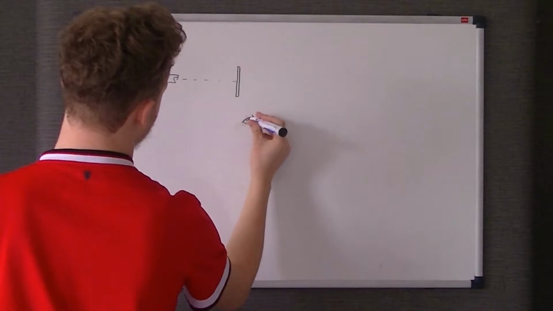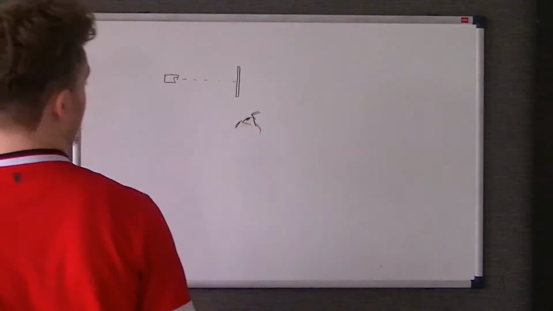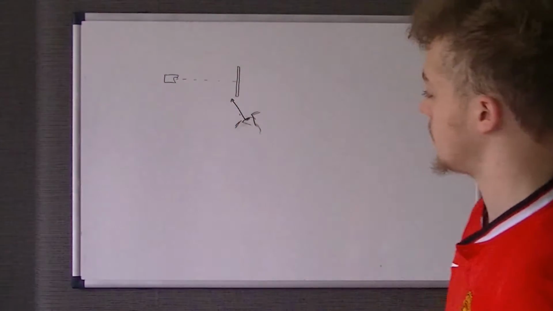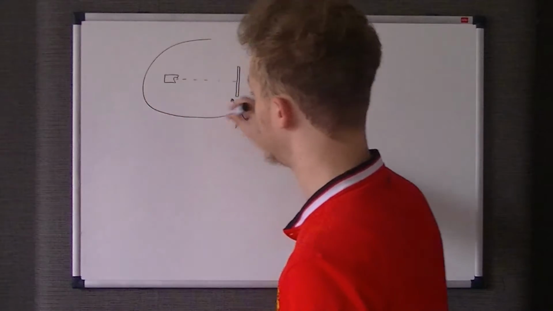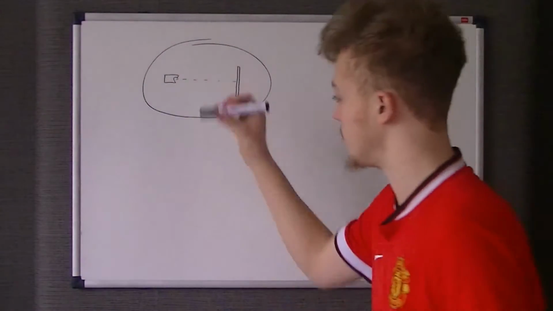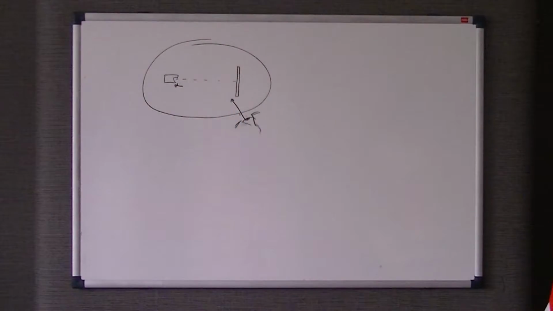Again, I'm terrible at art, so hopefully you can excuse that. So you've got someone there looking at the source. Obviously this is in a vacuum. It was in a vacuum because we don't want the alpha particles, which is what's being emitted here, being deflected before they hit the gold foil.